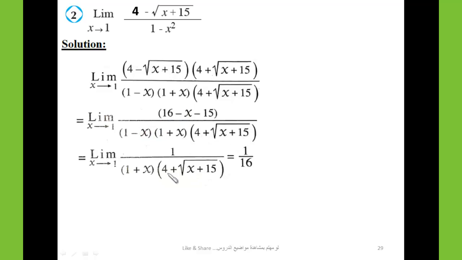This conjugate, we write it again, and we substitute with x equals 1. When you substitute x equals 1, 1 plus x equals 2, and what do you get here? You get 1 plus 15 under the root, root 16 equals 4. 4 plus 4 equals 8. 8 multiplied by 2 equals 16.